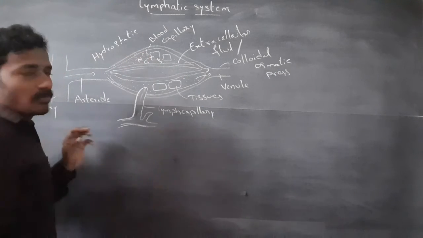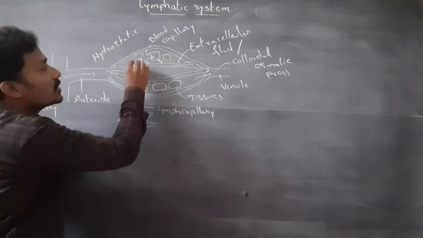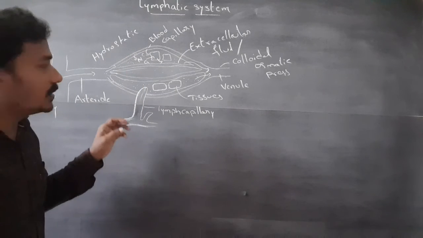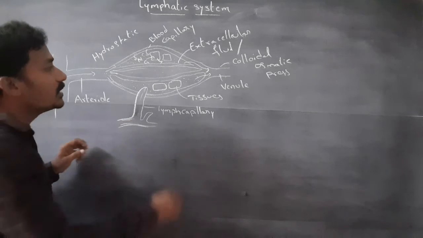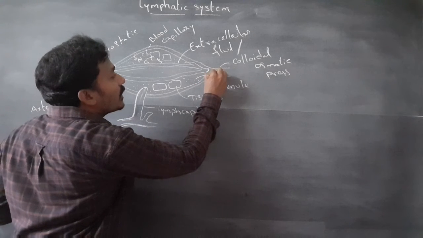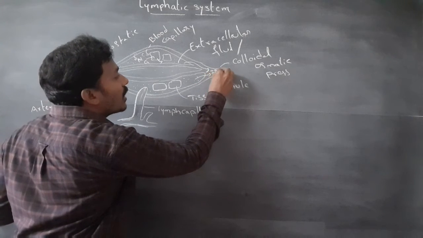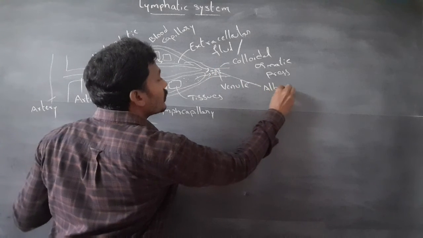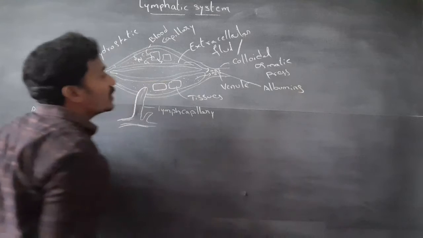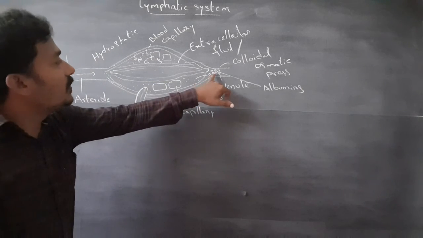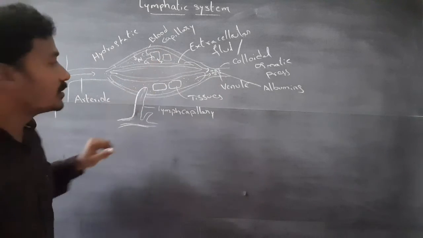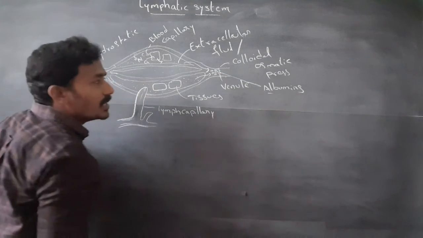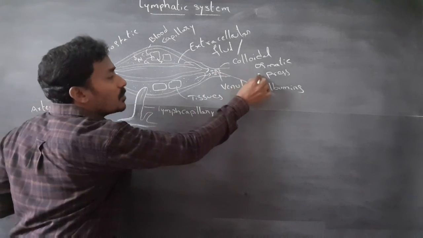Maximum molecules, small molecules, are filtered into the extracellular fluid, except albumins. Albumins are not filtered from the blood vessels. These albumins create the colloidal osmotic pressure.